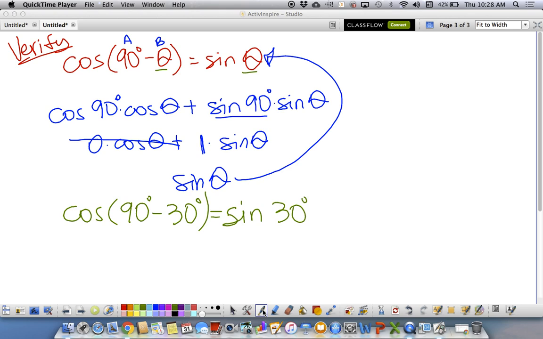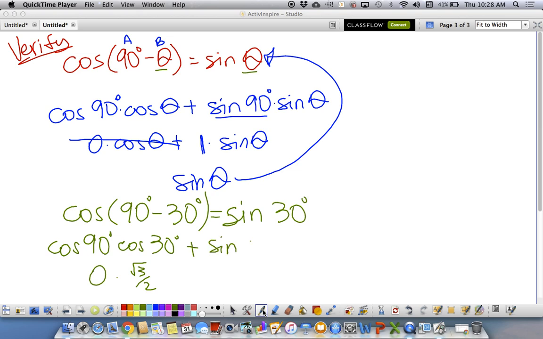So you've got a formula. We're plugging in. What's cosine 90? Times cosine 30. What's cosine 30? Which is just going to be 0. It doesn't matter what we put there. We're going to multiply times 0.